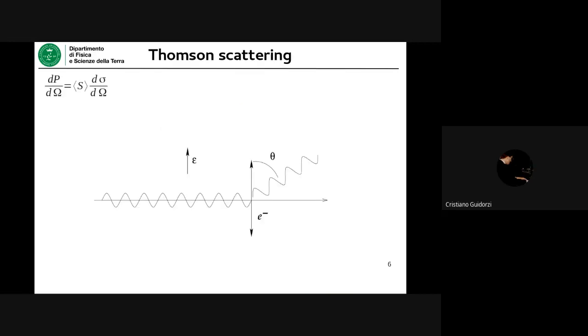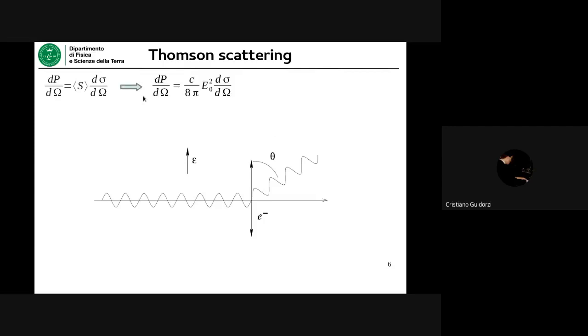So let's work it out. We just calculated both dP over d omega and also the Poynting flux, so we have all the ingredients to calculate the differential cross-section of this process.